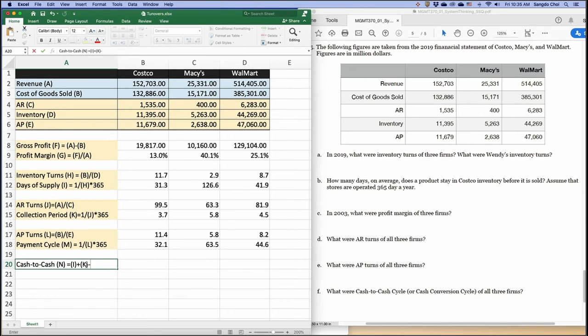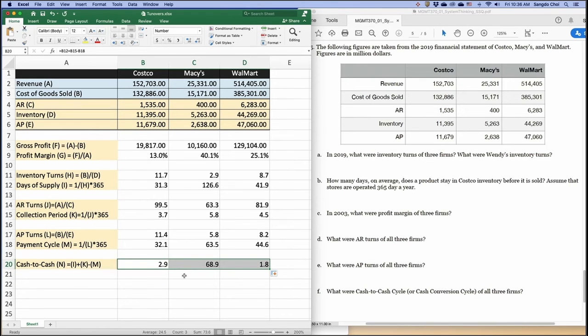How long does it take to make money from purchasing, then sales, and the final collection. This is cash in. Cash out is payment, which is M. So you can compute days of supply plus collection period. The collection period is very short. This is good. And the payment cycle looks like this.